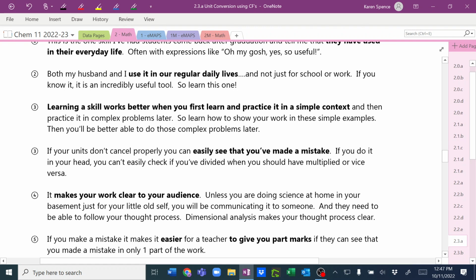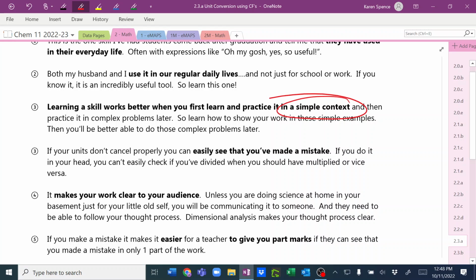Learning a skill works better when you learn and practice it first in a very simple context. You're going to find these questions on this worksheet. You'll be like, I could just do this in my head, Ms. Spence. These are so easy. Why are you making me write down all this nonsense? Yes, because I could do this in my head. If I say to you, how many minutes are there in 2 hours, you could probably just tell me 120, right?